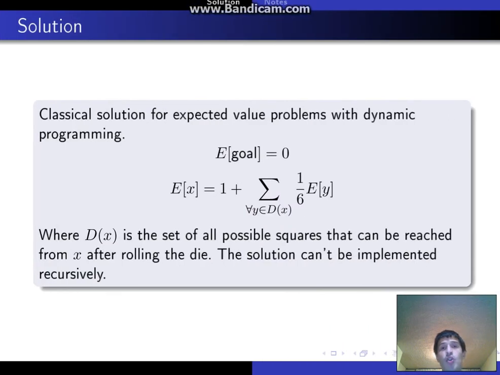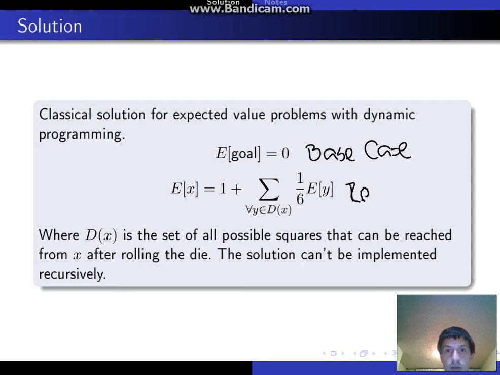So the solution to this problem is a classic expected value with dynamic programming. It's just that you have cycles in the graph that you form, so you have to be careful. As always, you have a base case for any dynamic programming solution, and you have a recursive case, the one that you have here.